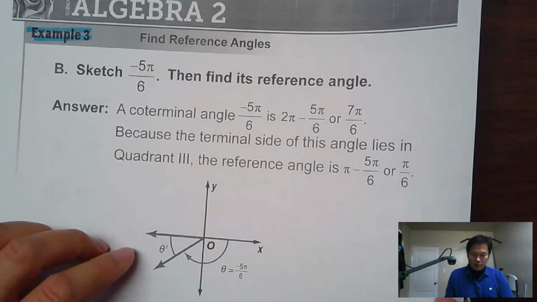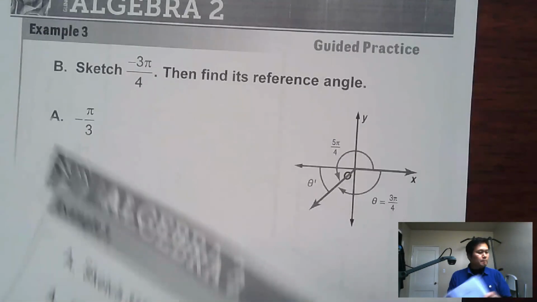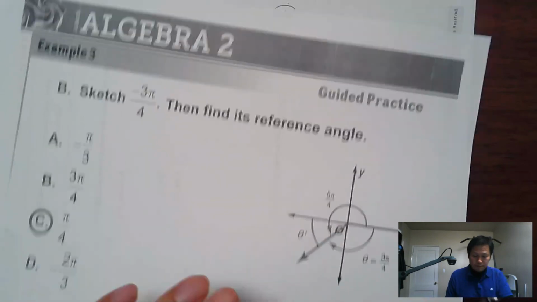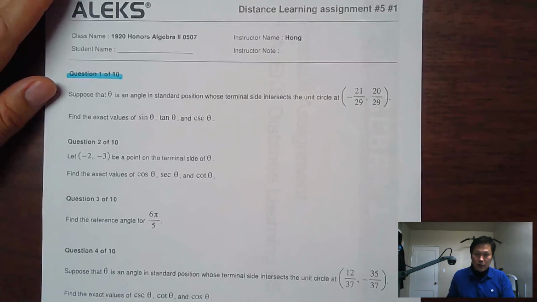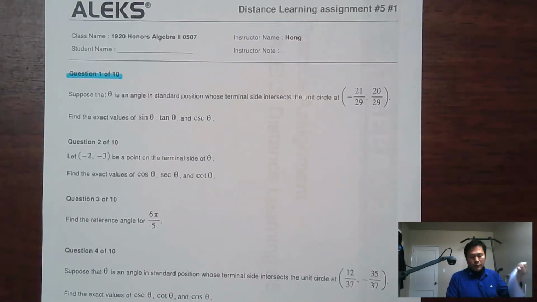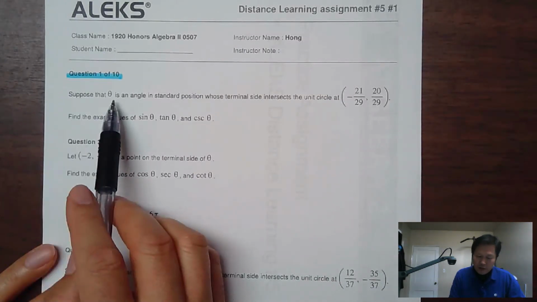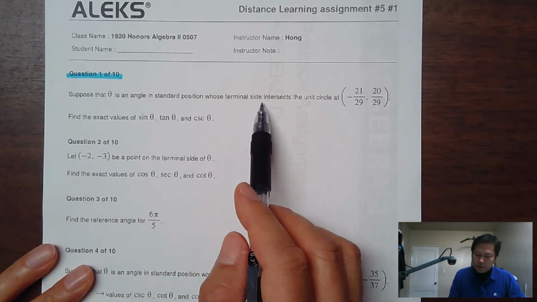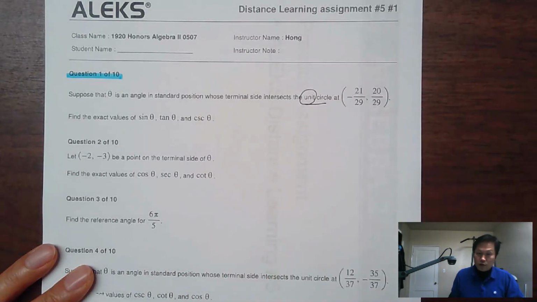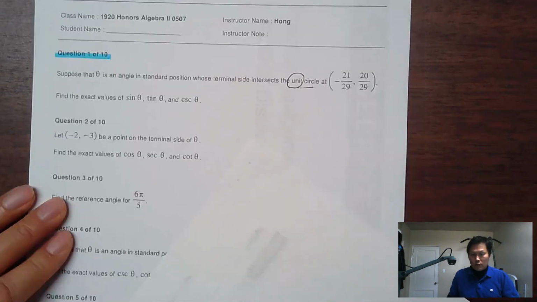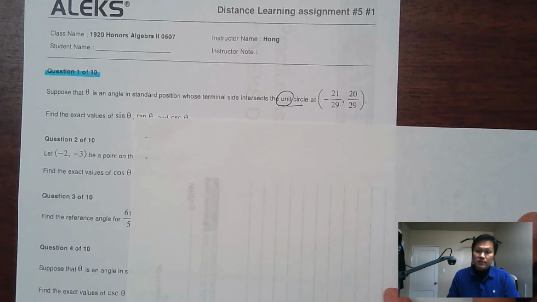So try this question. There's one style of question on your Alex homework I want to point out. It will be something like this. Suppose that theta is an angle in standard position with the terminal side intersecting the unit circle. The unit circle gives you radius as 1.